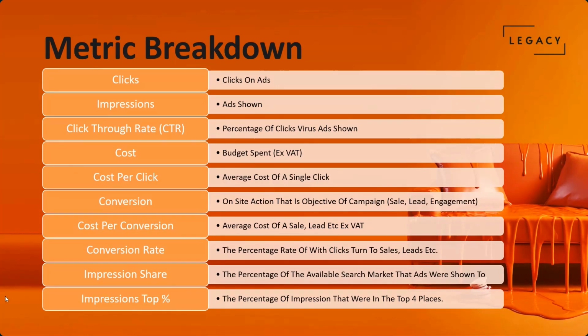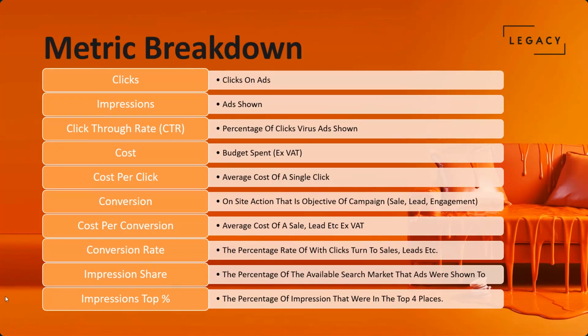Cost is what you've spent. It is important to note that that figure within the Google Ads interface is always ex VAT as well. So if you need to take account of VAT into your advertising, please bear that in mind. A conversion is the objective of your campaign. So it's a sale, a lead.